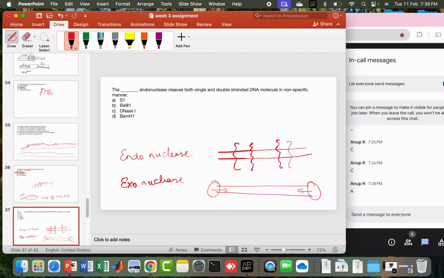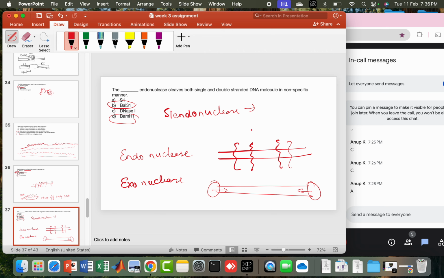So first, this is the restriction enzyme, so they will not cleave. S1. So what does S1 endonuclease do? S1 is an endonuclease.